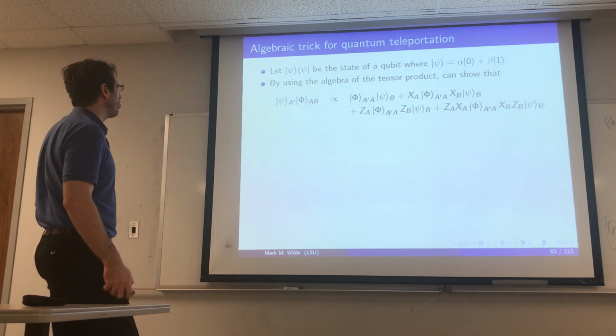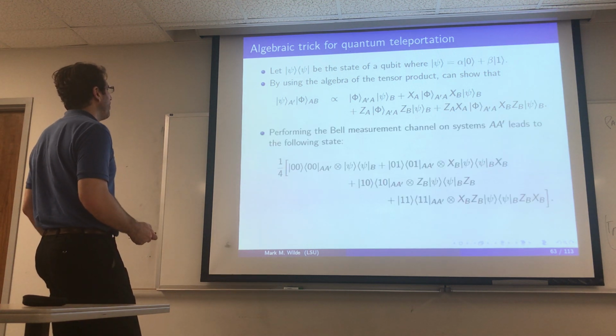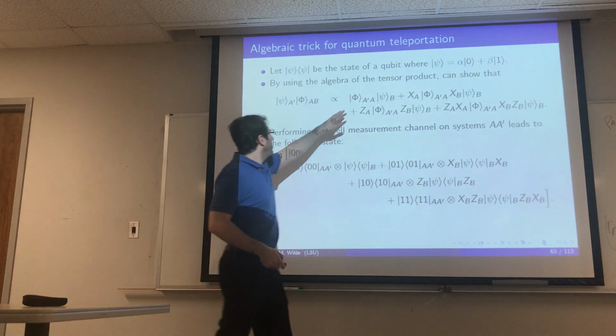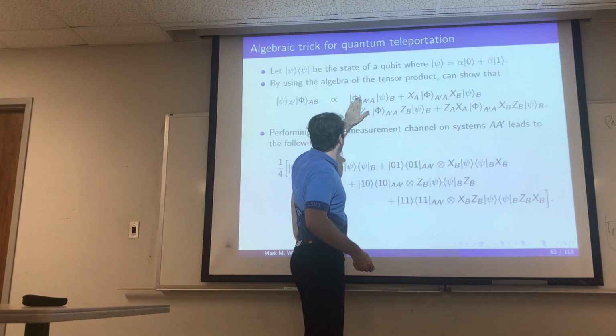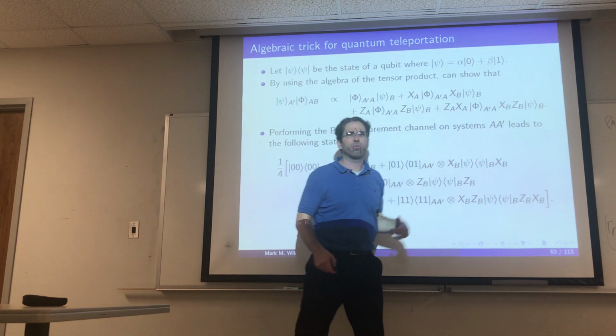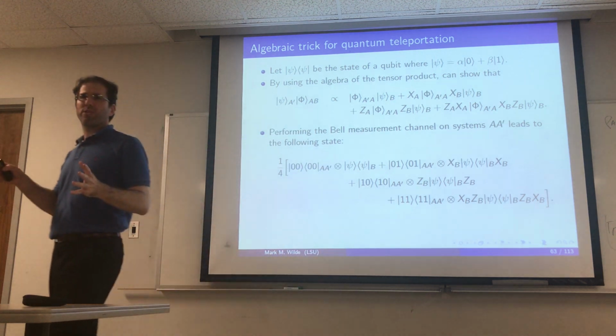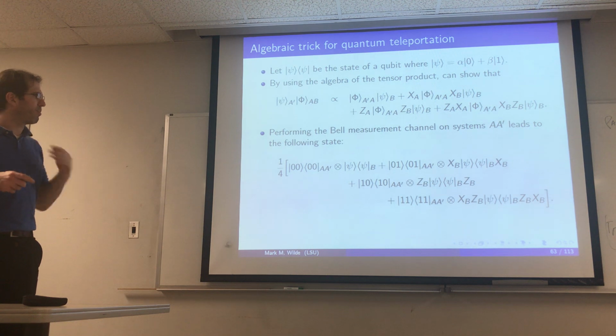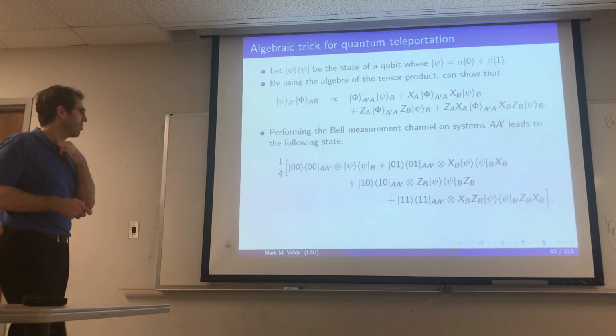And so what does that mean? If Bob does the Bell measurement, this state, this vector here is orthogonal to this one, is orthogonal to this one, is orthogonal to this one. So when you do the measurement, you break this superposition into 4 different possibilities, right?